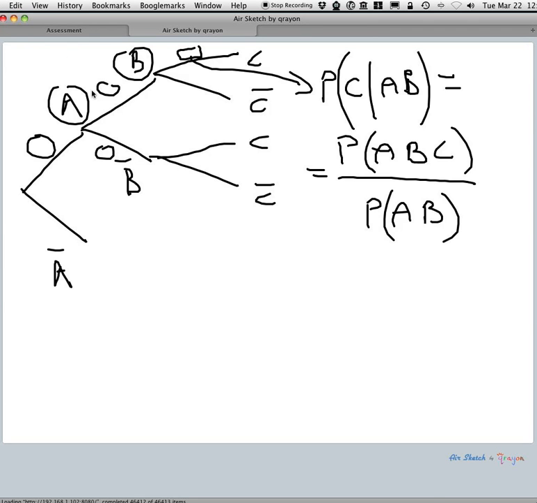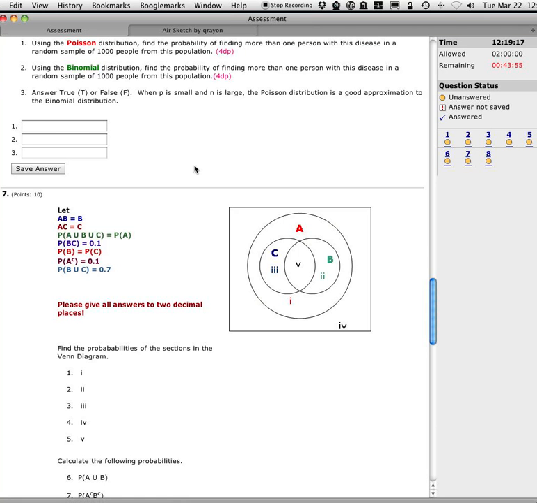Okay, so let's see what information we have here. Well, probability of A and B, this is the probability of B, and we know this from the previous exercise. Now we need to know the probability of A, B, and C. What's this?